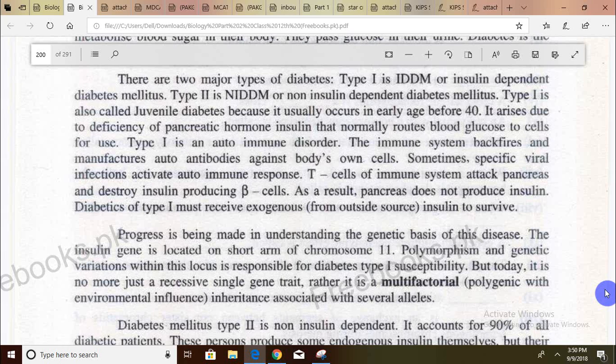But rather it is multifactorial. And this question has come up in the past about multifactorial, so be on your toes. Multifactorial means polygenic. We'll be talking about what polygenic is in a bit of detail. They actually have a topic on that.